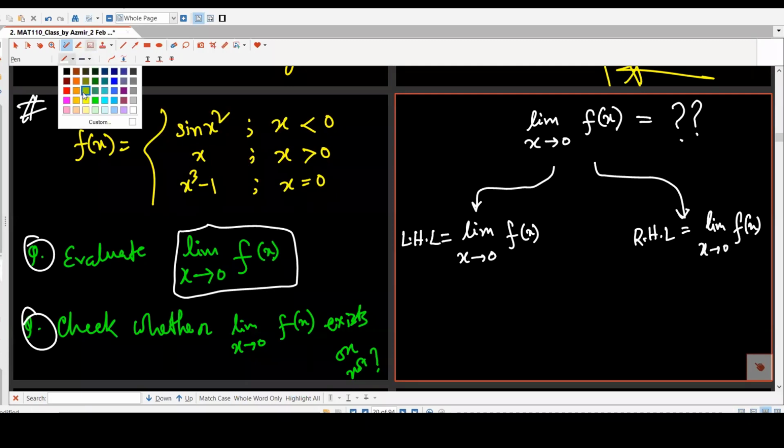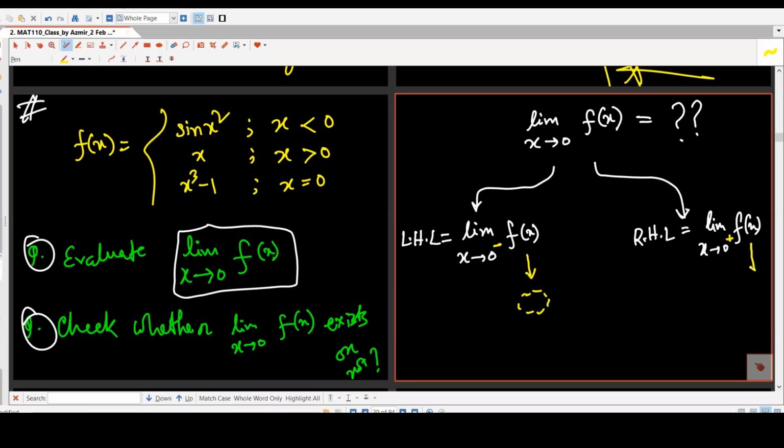But since we are going to find left hand limit and right hand limit, why not use minus for left hand limit and plus for right hand limit. Now we want to understand which function will be plugged in this position. That is a big question. So we need to find the leftward function and the rightward function.